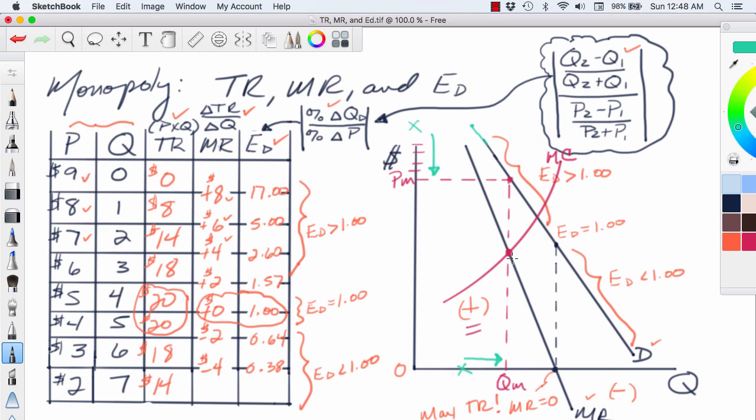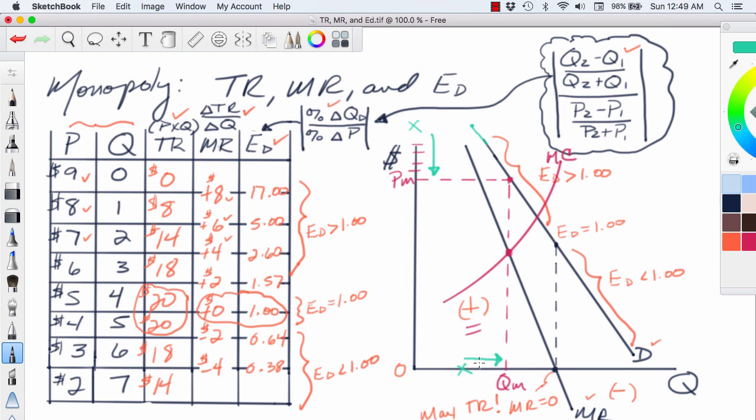Profit increases at a decreasing rate. That's important. So that's good, it's why we're lowering the price.